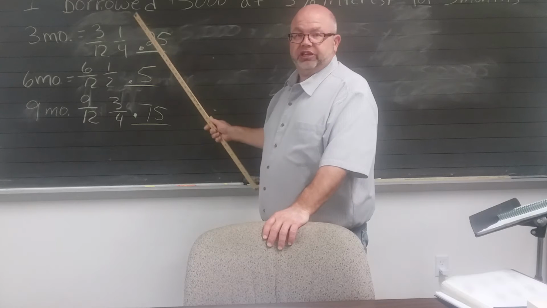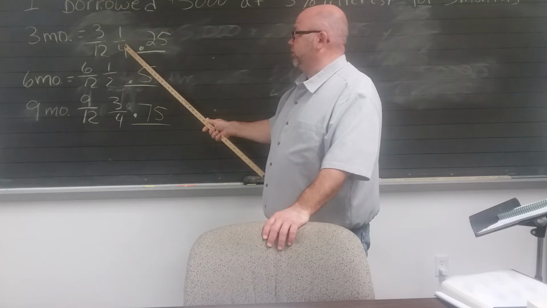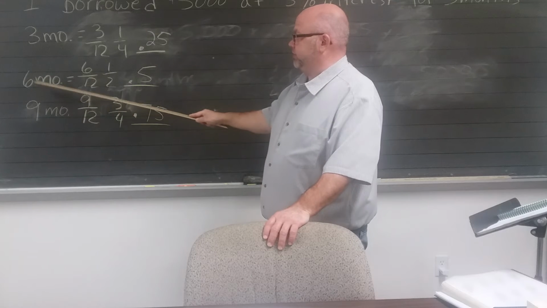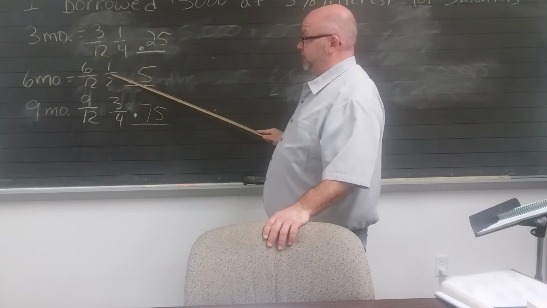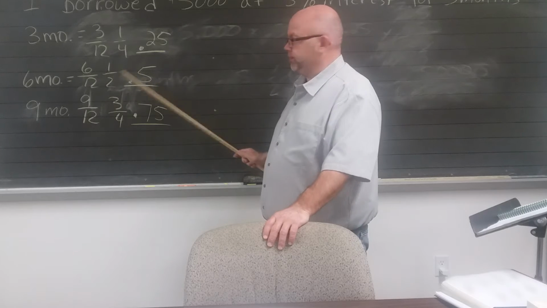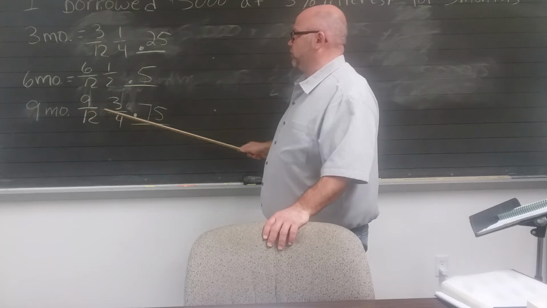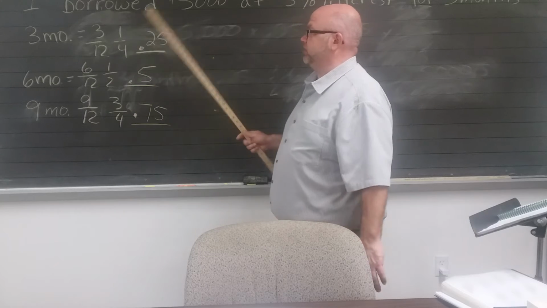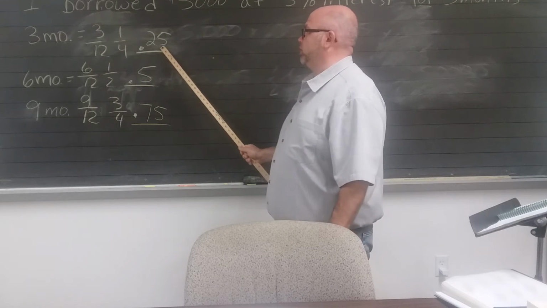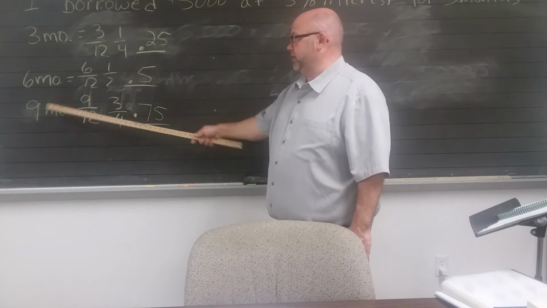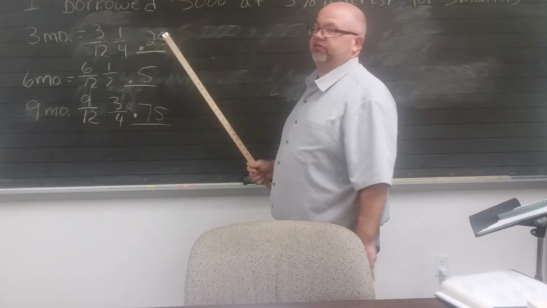Get familiar with these common ones. 6 months, 6 over 12, is half a year, and 0.5 is your decimal. 9 months, 9 over 12, is 3/4 of a year, 0.75. So when you see 3 months, think 0.25. 6 months, half a year, 0.5. 9 months, 3/4 of a year, 0.75.